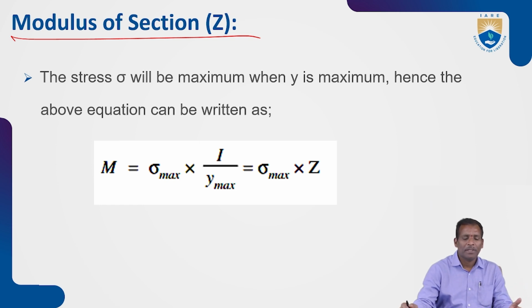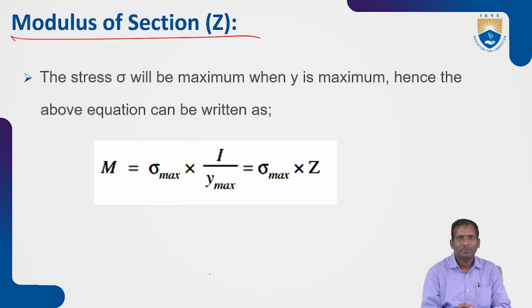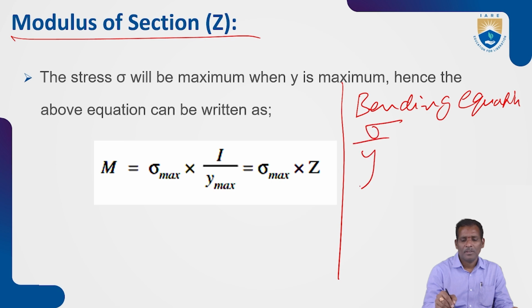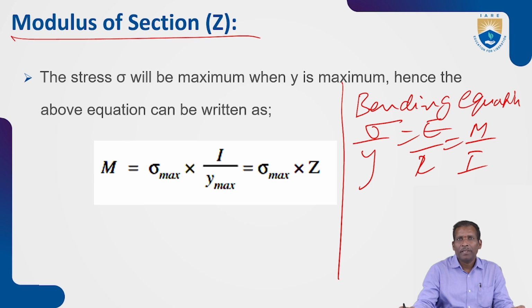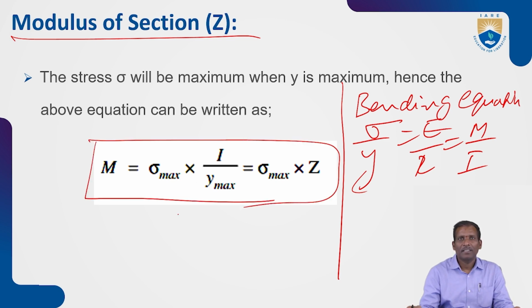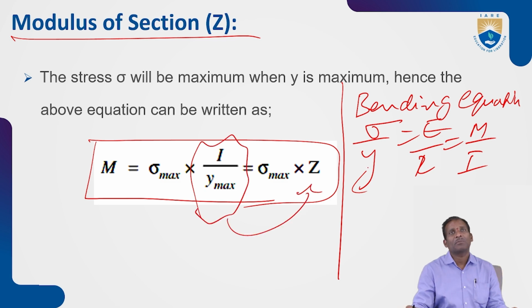Hence the above equation can be written as, in the previous equation, y into E by R into delta A. From the bending equation, sigma by y is equal to E by R is equal to M by I. Here you can write in terms of Z. Z, the I by Y term, is called the modulus of section.